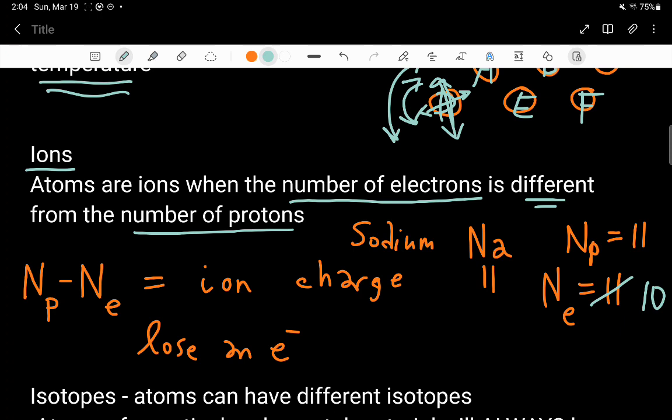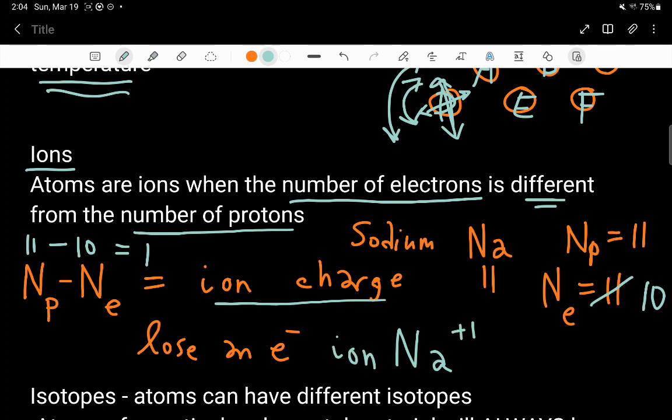And then back over here, if we want to get this ion charge, then we take the number of protons, which is 11, and we subtract off the number of electrons, which is 10, and we get 1. That is, sodium tends to make the ion sodium plus 1, where this plus 1 is this ion charge.